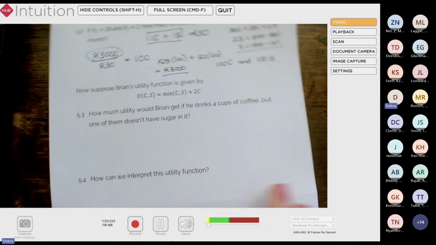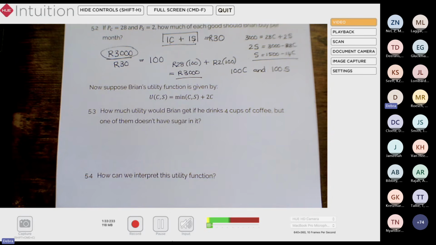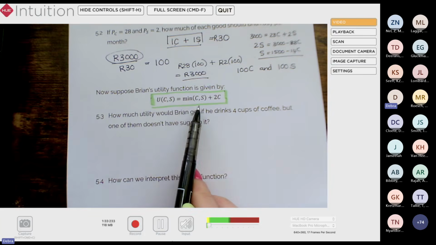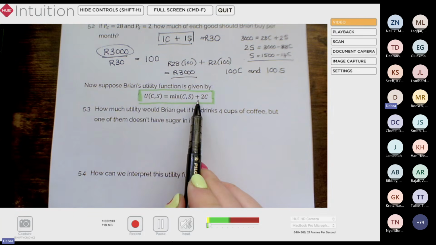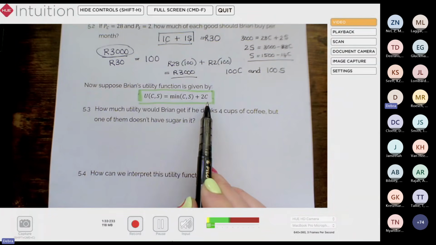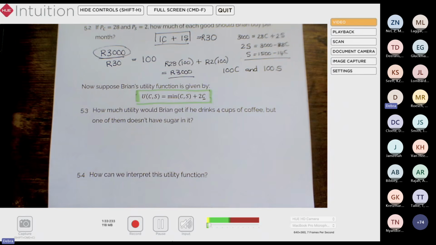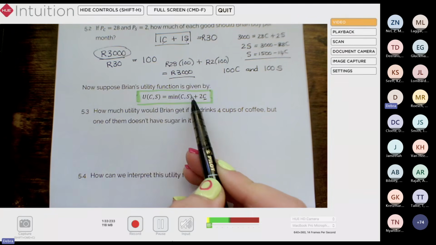Okay, then 5.3. We now get told that his utility function is now represented by a slightly different equation. It now has the min, but then it has this additional amount that is depending only on coffee. So this represents complements still. They just don't happen to be perfect complements in the sense that his utility here depends on how he combines his coffee and sugar together.